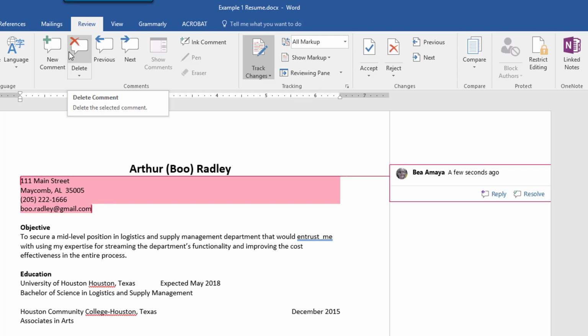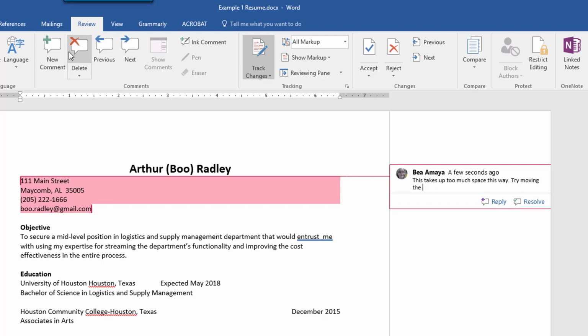So I'm going to give this student a hint and tell them what to try. Try moving the phone number and email to the right. If he were to do this, then that would only take up 2 lines of text instead of 4. So that's my suggestion there.